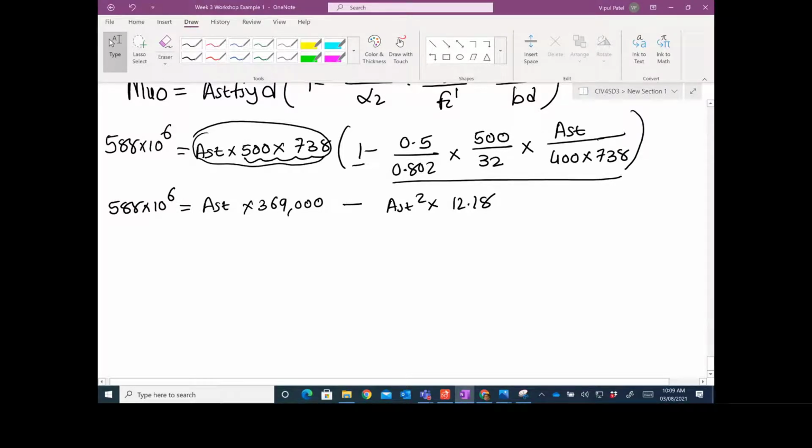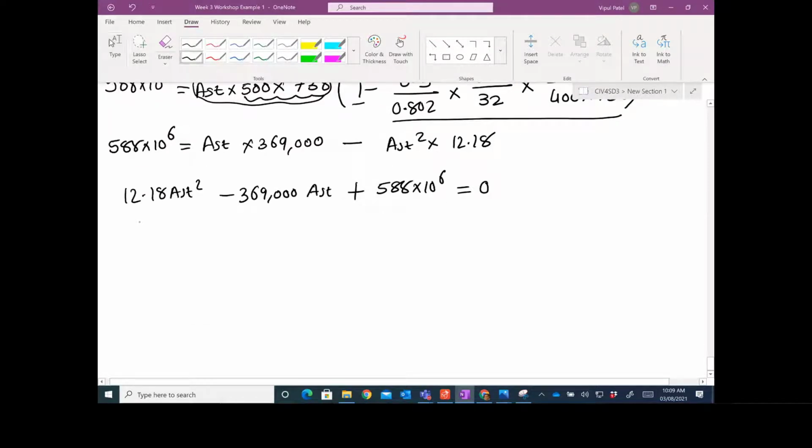So if you put these equations in a format, let's say 12.18 AST square minus 369,000 AST plus 588 times 10 raised to 6 equal to 0.